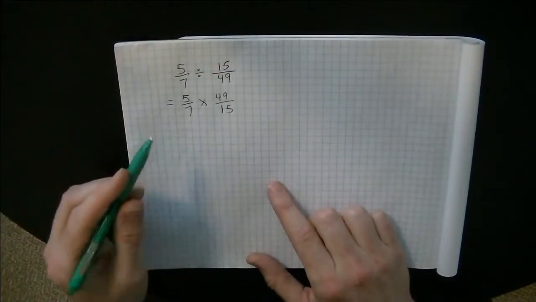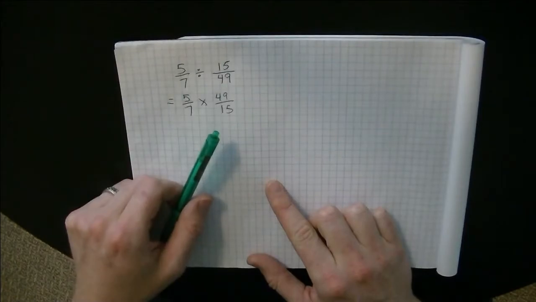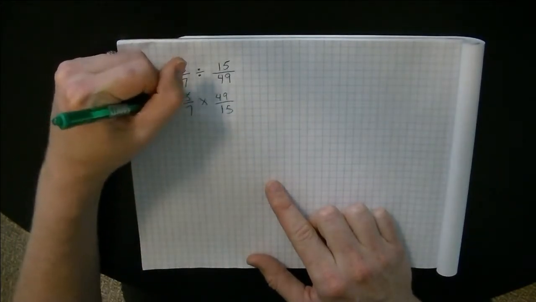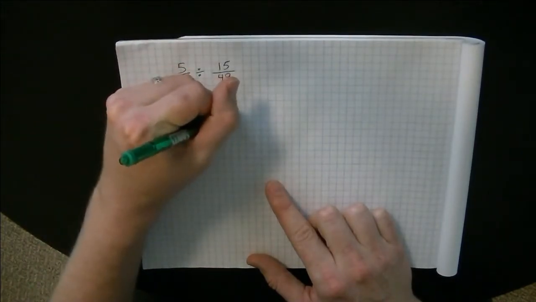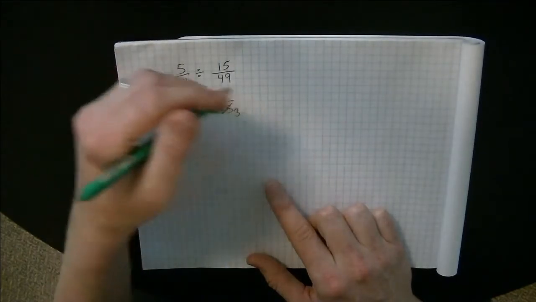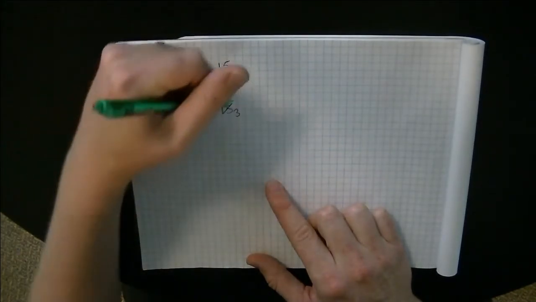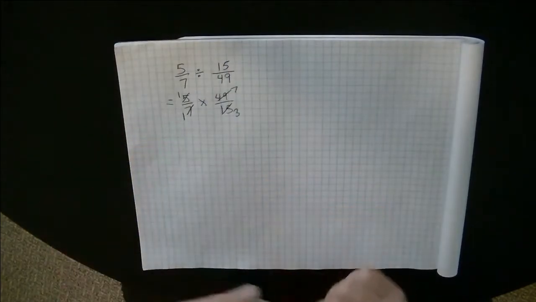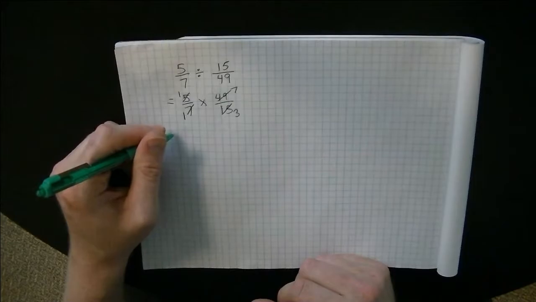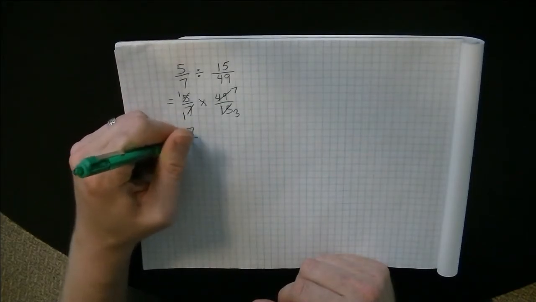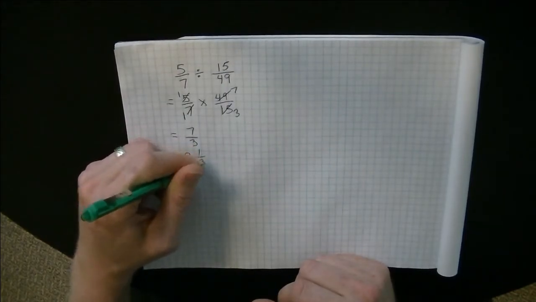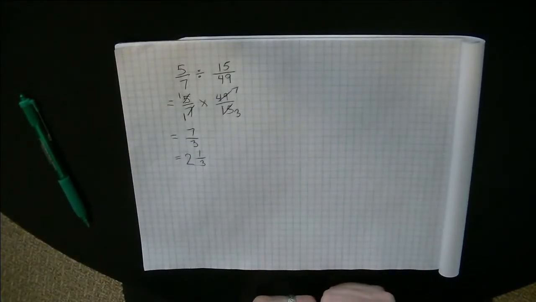Okay, cool. So now I'm able to do some cancellations. 5 goes into 15 3 times and into itself once, and 7 goes into 49 7 times and into itself once. So I'm left with 1 times 7 and 1 times 3. So this ends up being just 7/3, or 2 1/3.